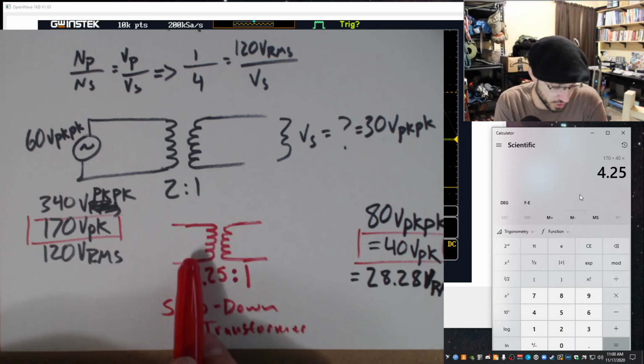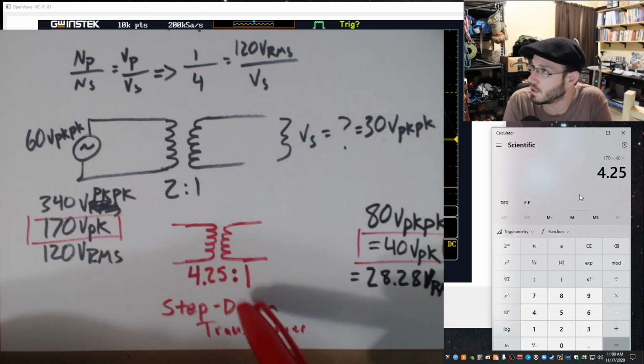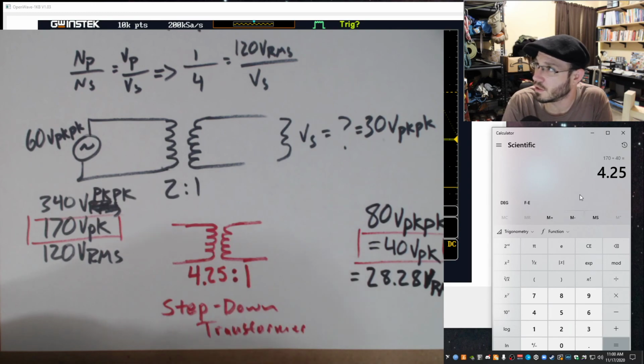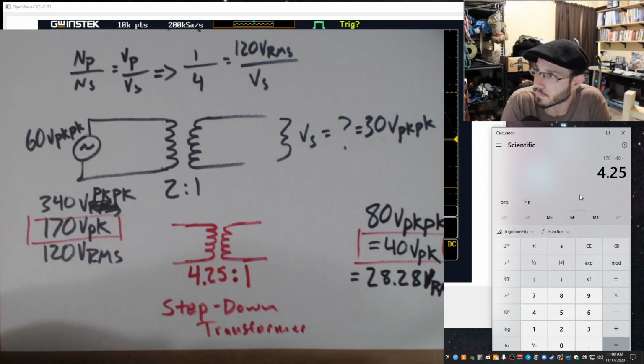And they have more turns on the primary than the secondary. I know this because the side with the fewer turns is the lower voltage. So 4.25 to 1.